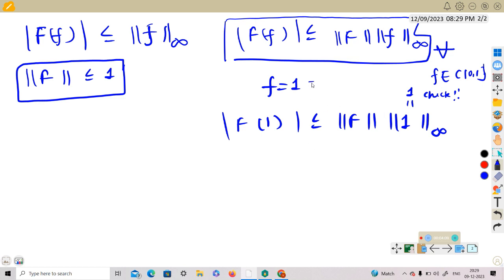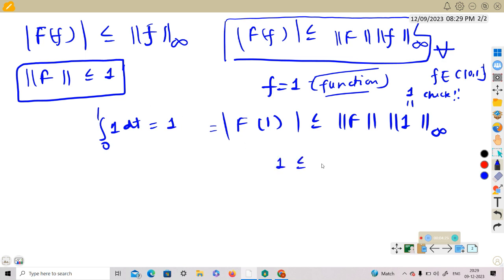This is a constant function whose value is 1 for all x. And now we need to evaluate F(1). From the definition of F, this will be the integral of 1 dt from 0 to 1, which is equal to 1. So 1 is less than or equal to the norm of F times the infinity norm of 1, which is 1.